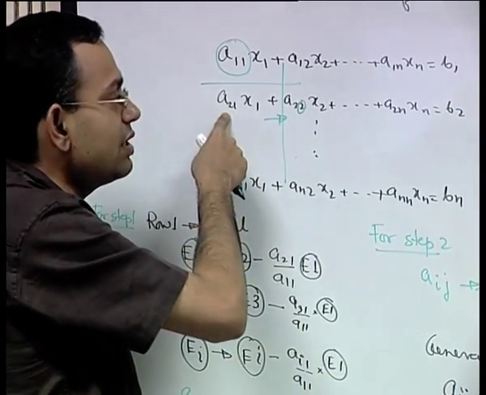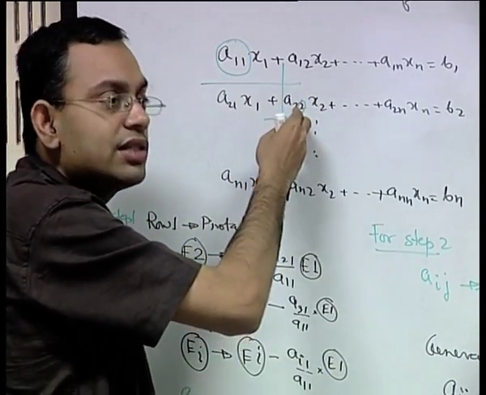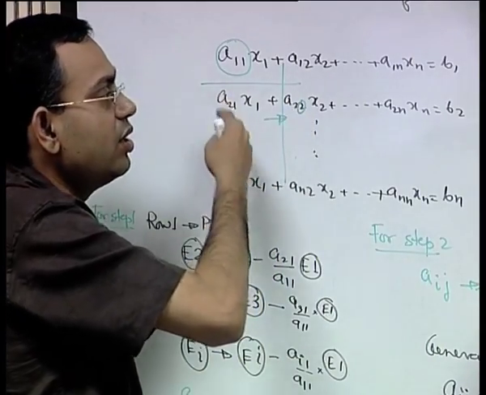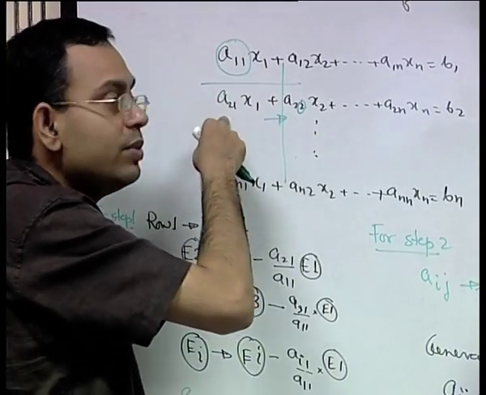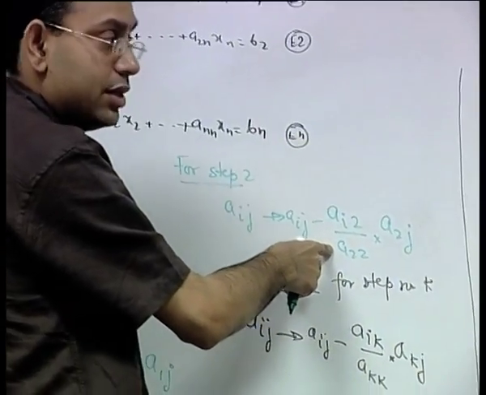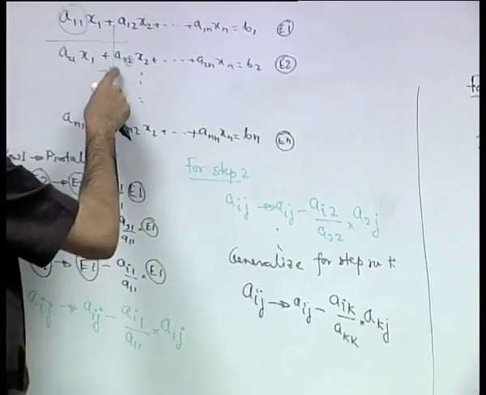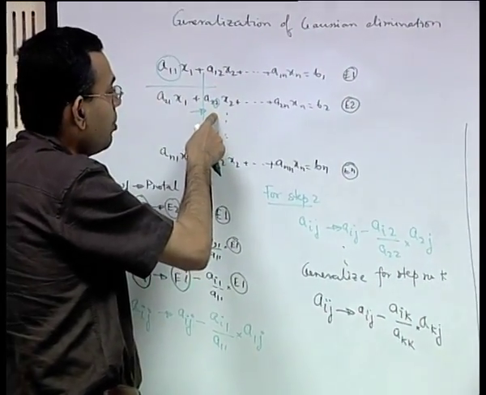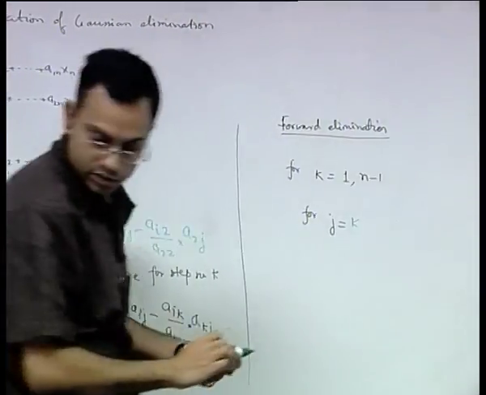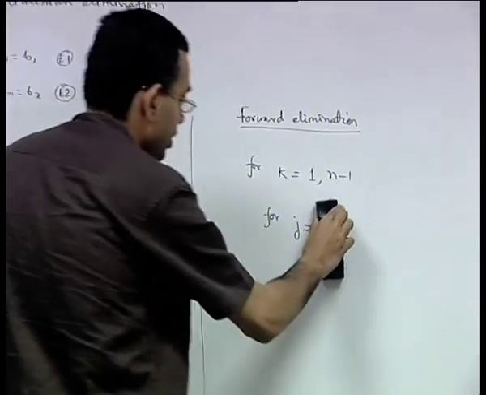So for implementation you only calculate the non-zero elements. The zeros are already known to be zeros by virtue of the algorithm that you have implemented. So if this is k, j becomes k plus 1 to n plus 1.